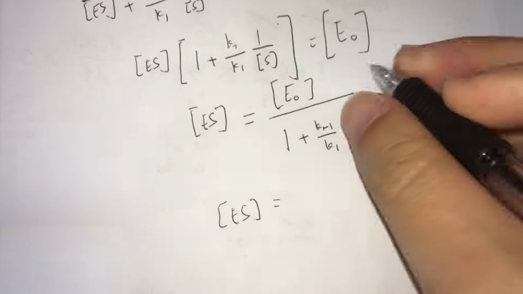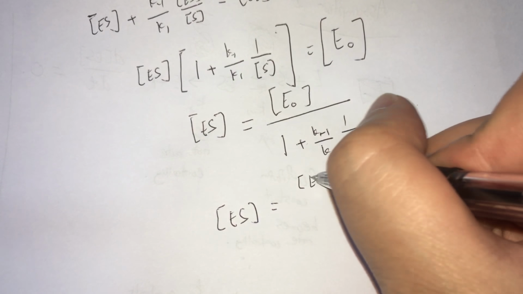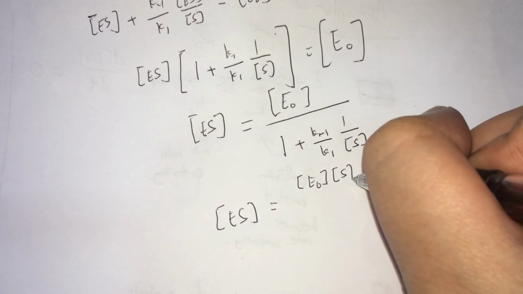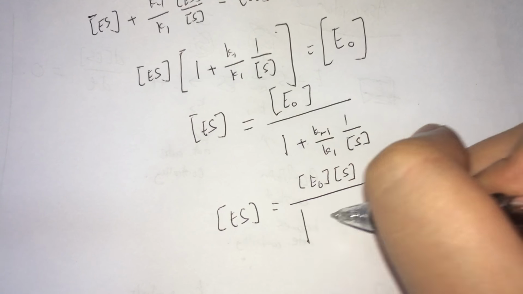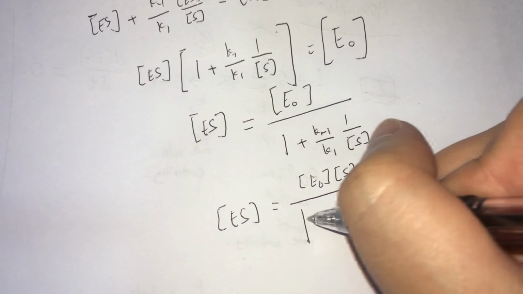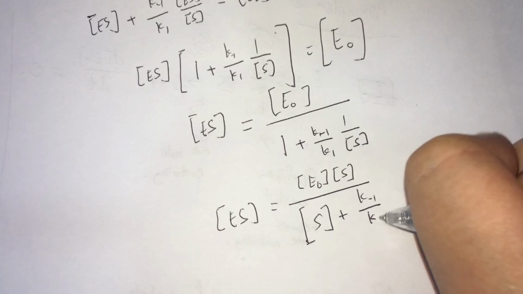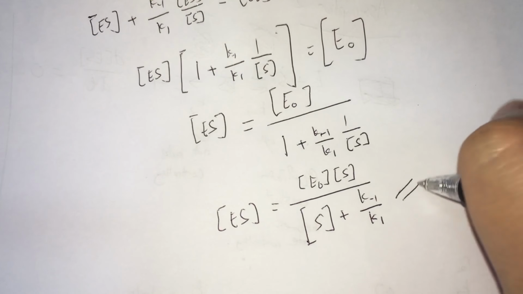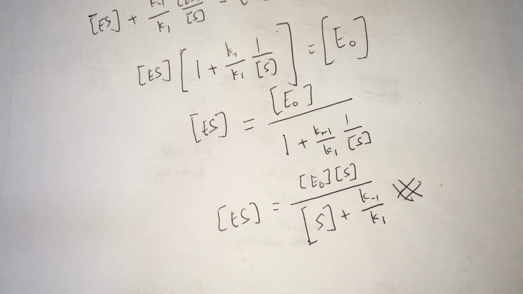Let's multiply the concentration of S to both the top and bottom, so it is over S plus k minus 1 over k1, and that will be your derivation of ES.